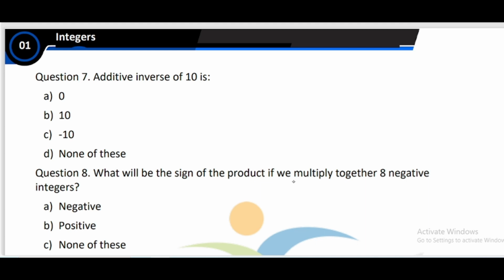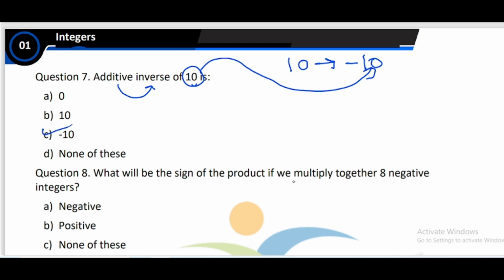Additive inverse of 10. Then the symbol of the 10 will be changed, that is minus 10. Then the right answer is part C.